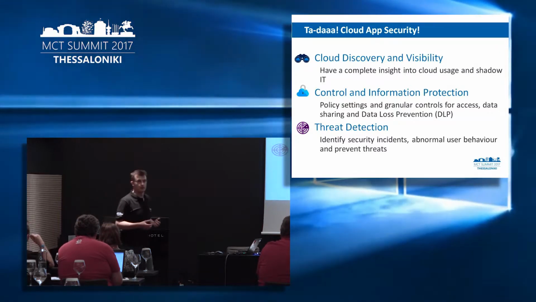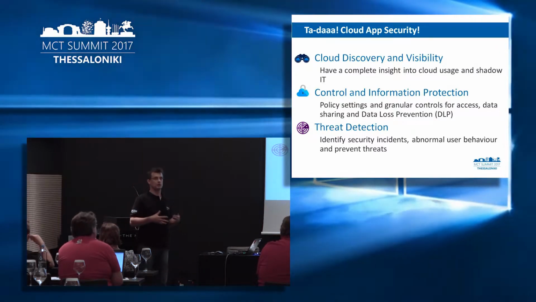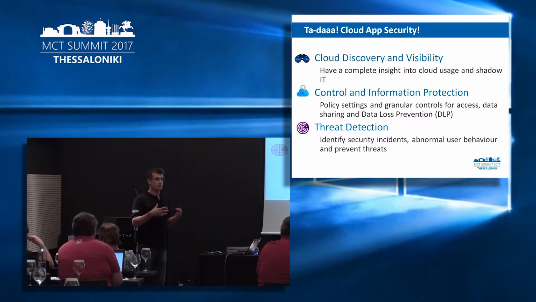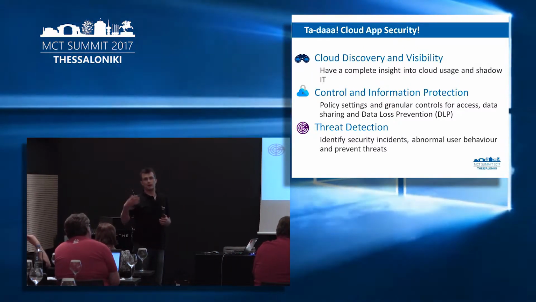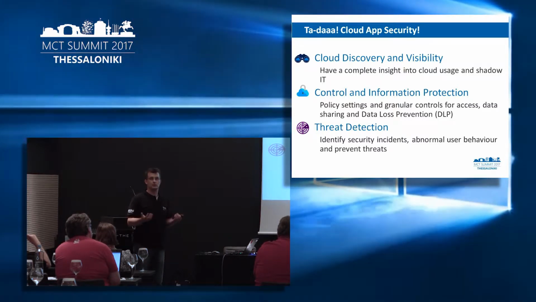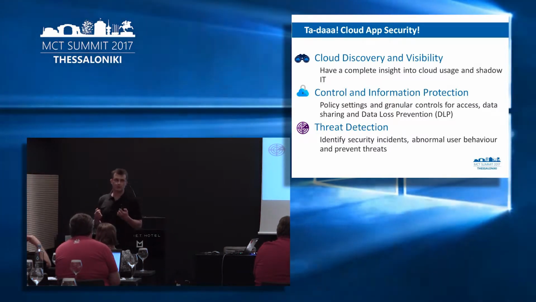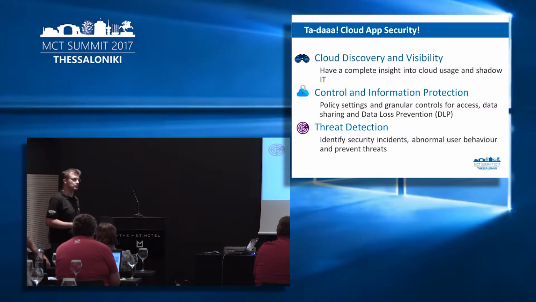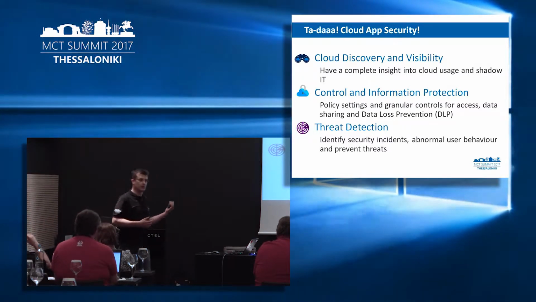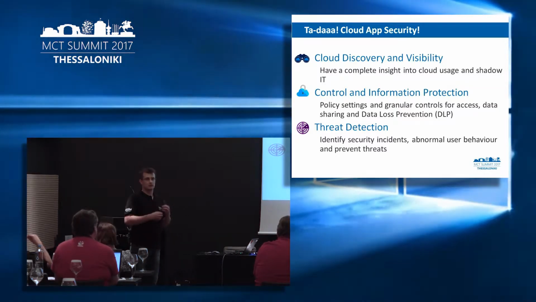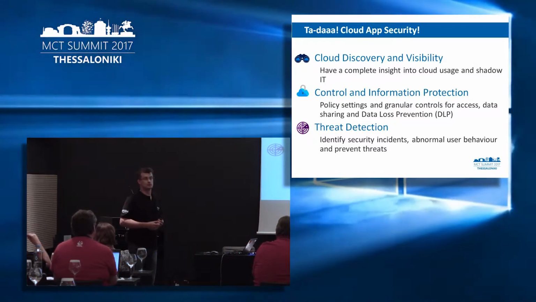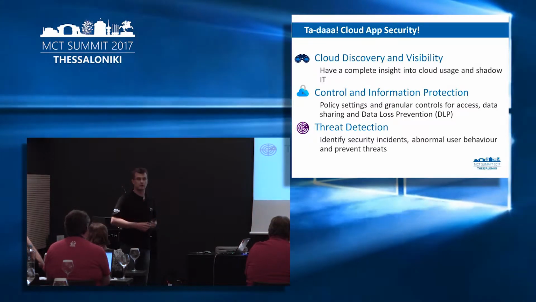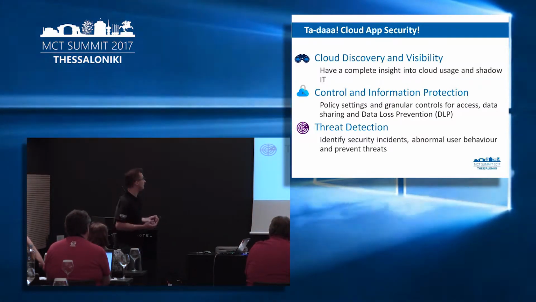So by connecting your Cloud App Console, your account, through the API to the cloud application, you pull the data that you need, that the cloud application provider is providing to you, and Cloud App Security chews that data and provides it to you in a meaningful and understandable way.